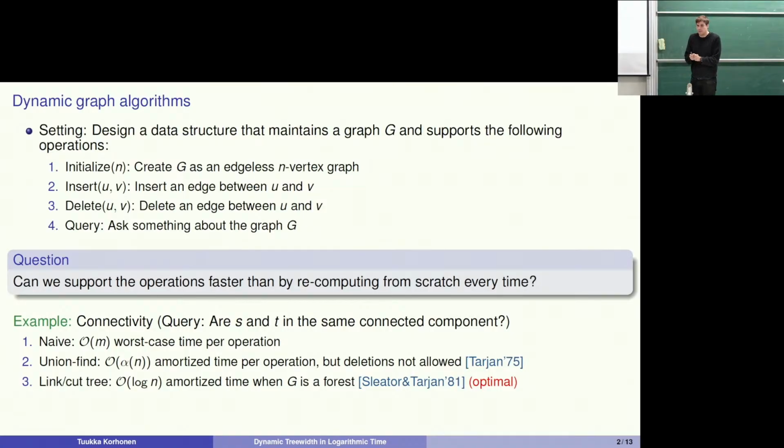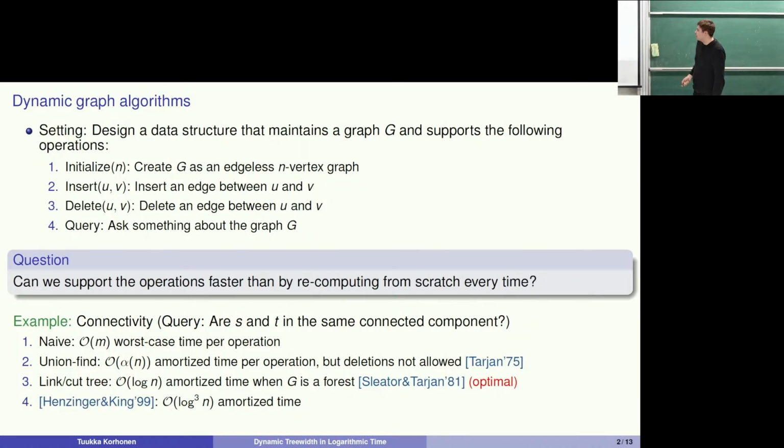Actually, even when the graph is just a set of paths, log n is optimal, unconditionally, without any hardness assumption. Even when amortization and randomization are allowed, log n is optimal. And for general graphs, we know how to do dynamic connectivity in roughly log³ amortized time. It is still not known if you can do it in logarithmic time.